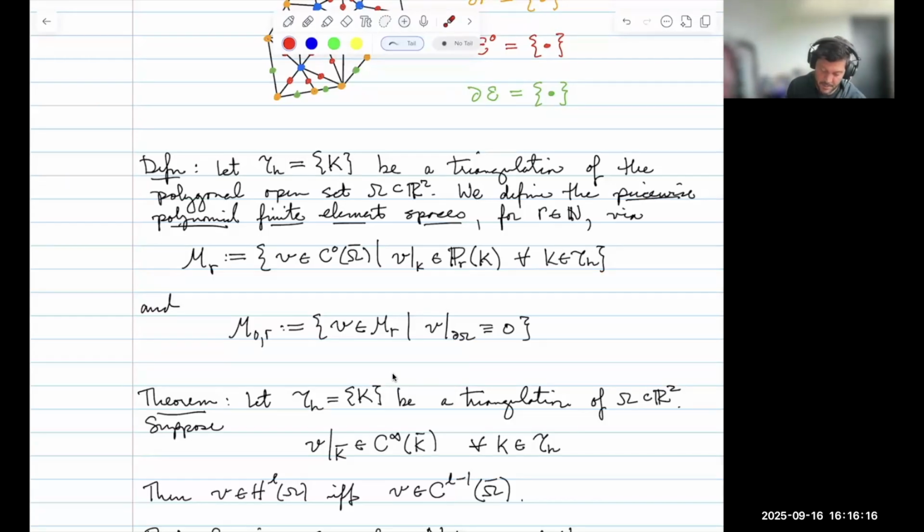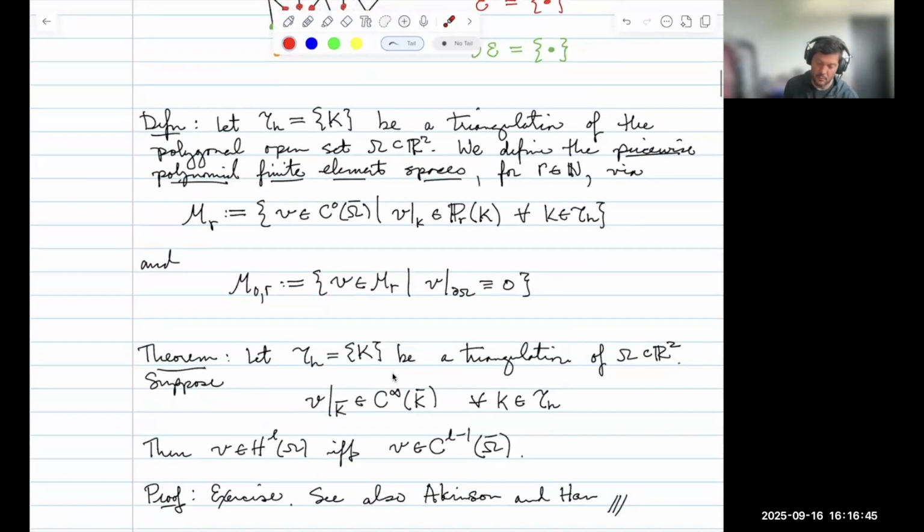So that's the big space. And then I'm also going to want to restrict that space for our model problem. For our model problem, it turns out that it's useful to restrict this space to a subspace of functions that are 0 on the boundary. This is always my notation for these function spaces which are 0 on the boundary.